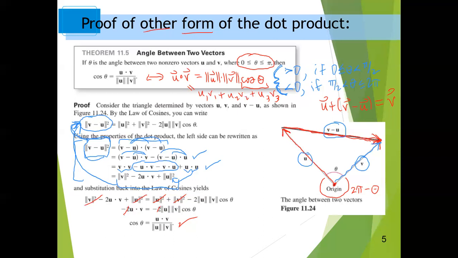Let me just say u dotted with v equals 0 if and only if the angle between the two vectors is 90 degrees. Okay, so this gives us a way to tell when two vectors are perpendicular. Yeah? This all just falls right out of the geometry, right into our lap, like a ripe piece of fruit. Okay? Any questions on that? Yeah, Kira.